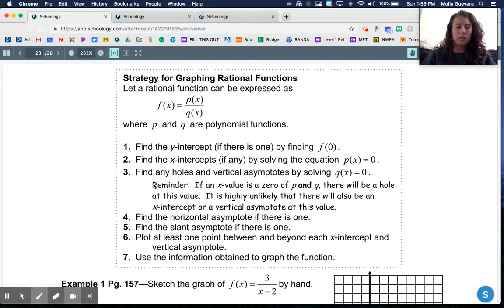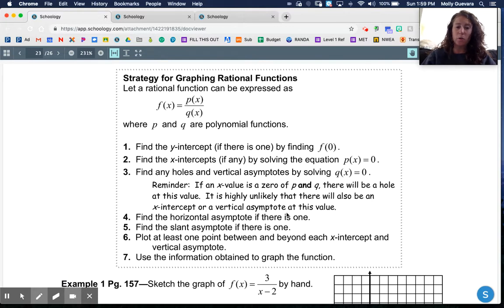Then we're going to find any holes and vertical asymptotes by factoring the bottom. Remember that if something is a 0 of the top and the bottom, then that's a hole. But if something is a 0 of just the bottom, that's a vertical asymptote.